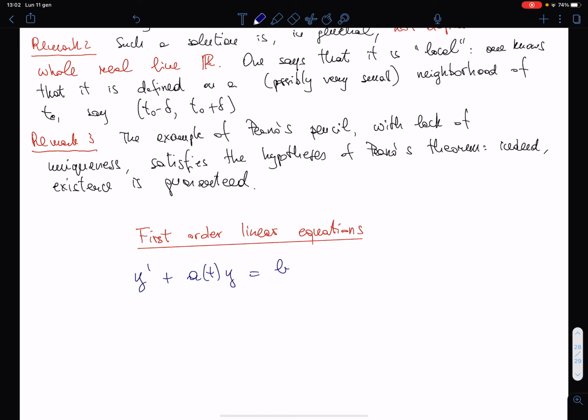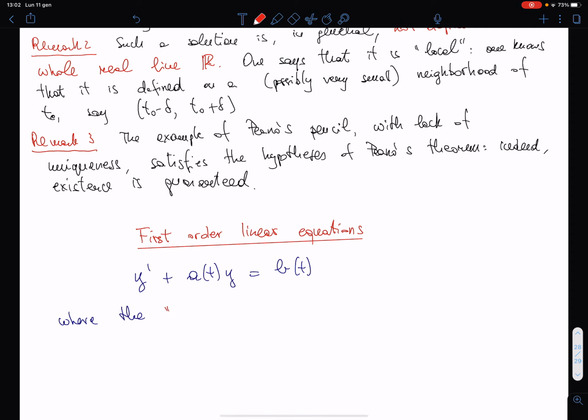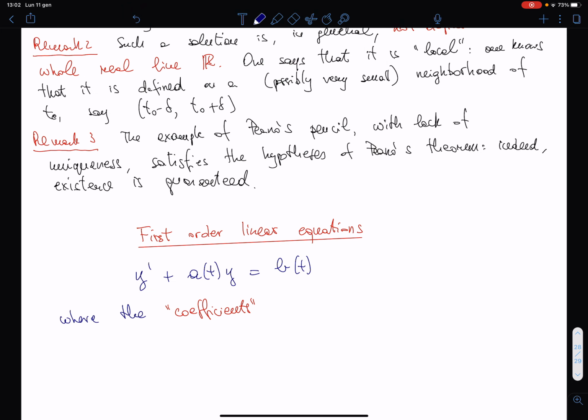y prime plus a(t) y equals b(t), where the coefficients, we call them coefficients even though they are functions, a and b are continuous functions.